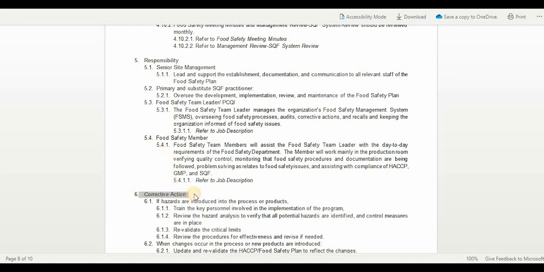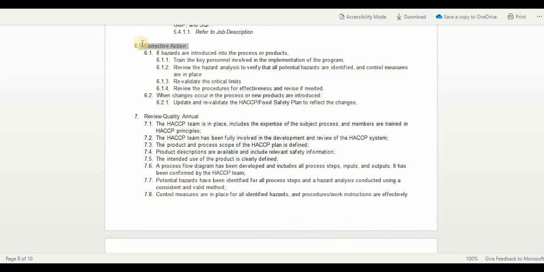Now let's proceed to the 6th component of the program, which is corrective action. The corrective action is the process of taking appropriate steps to eliminate causes of nonconformities or other undesirable situations. If hazards are introduced into the process or products, train the key personnel involved in the implementation of the program.